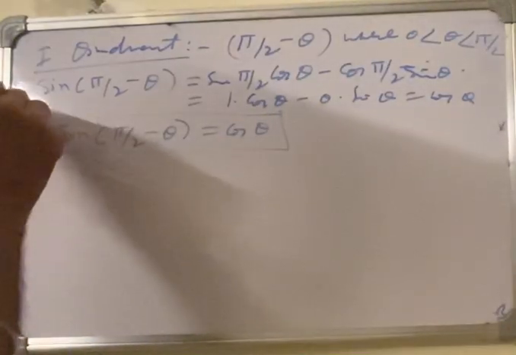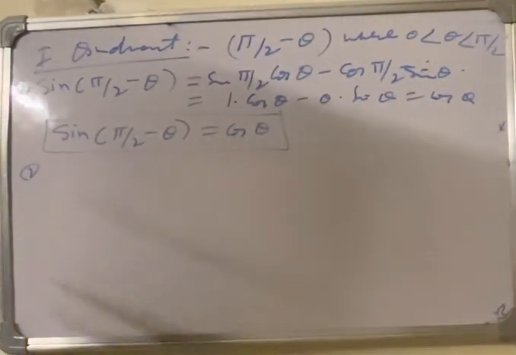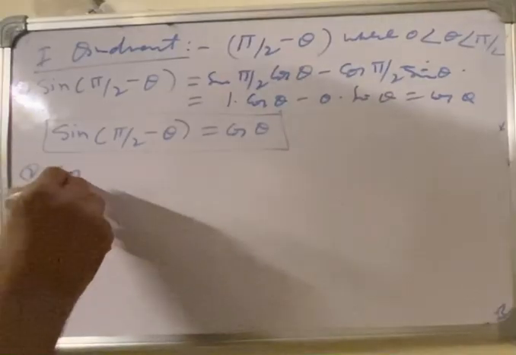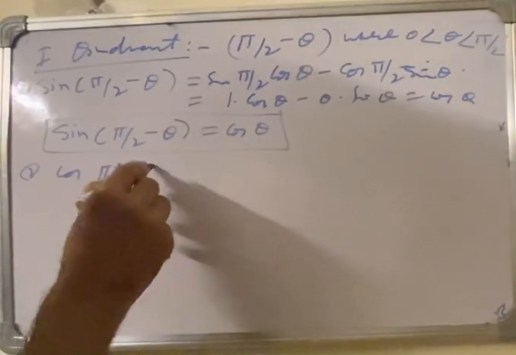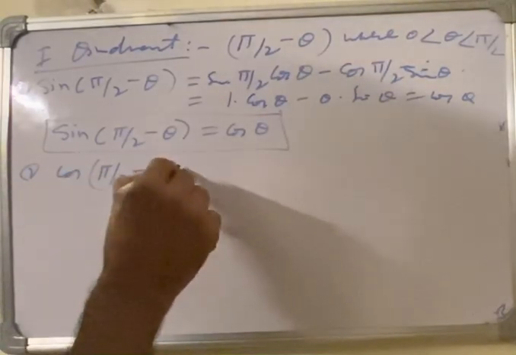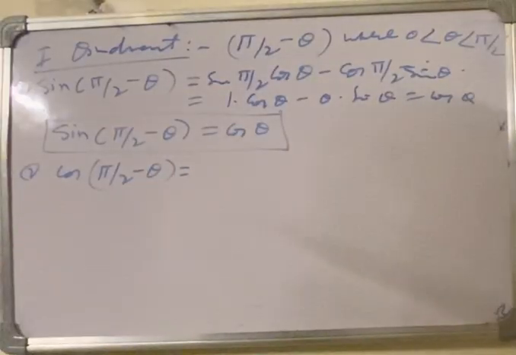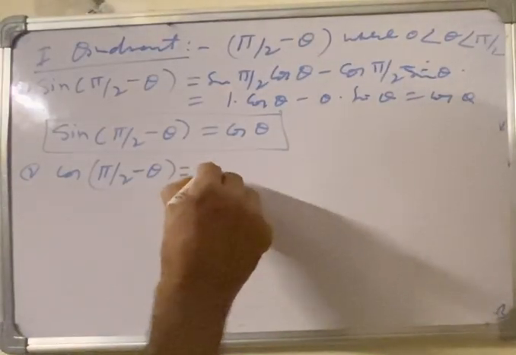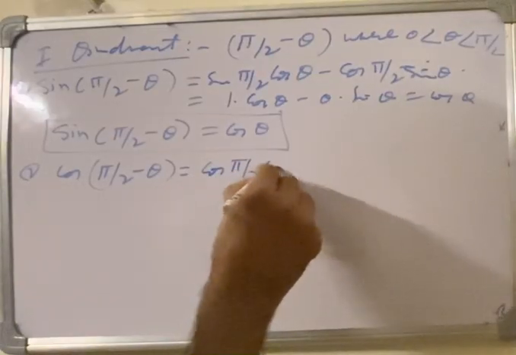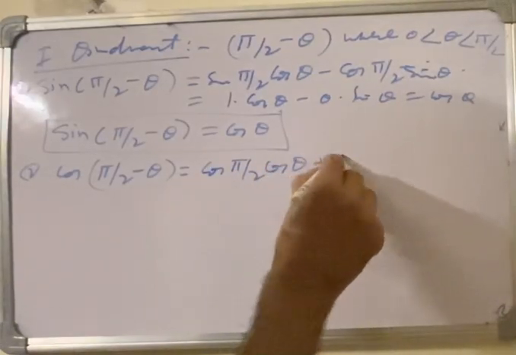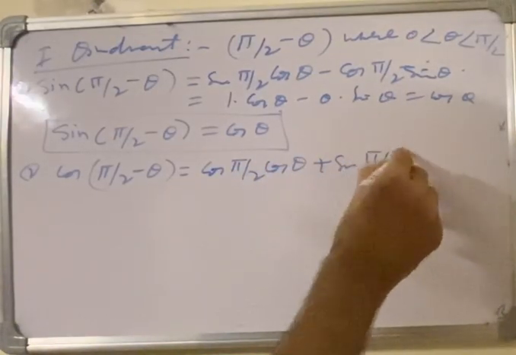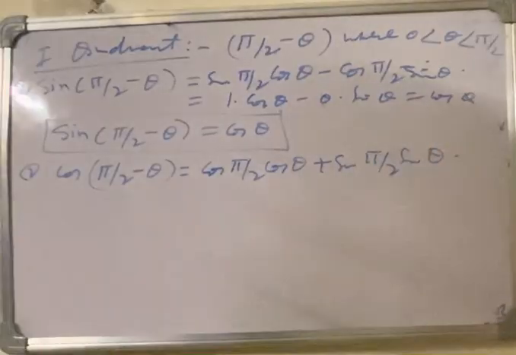Then second, we get cos of pi by 2 minus theta. It is cos pi by 2 cos theta plus sin pi by 2 sin theta.